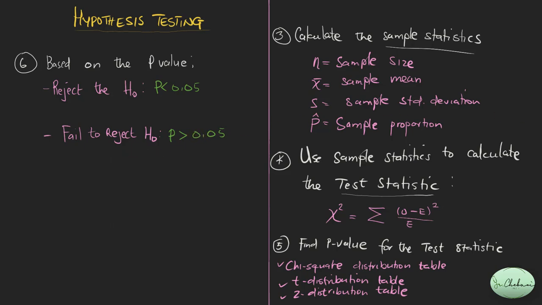And then we move to step number 7. Having made your decision to reject or fail to reject, you then state your conclusion based on the preceding step, step number 6.